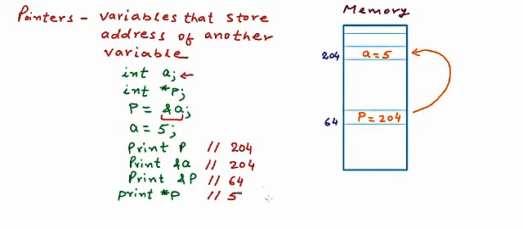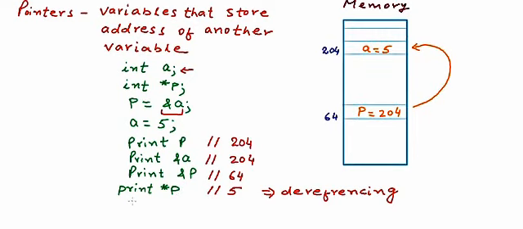This concept is called dereferencing because we have a reference, or we have stored an address in p, and we get the value at this particular address using this operator. In fact, we can modify the value at this particular location by saying something like star p is now 8.